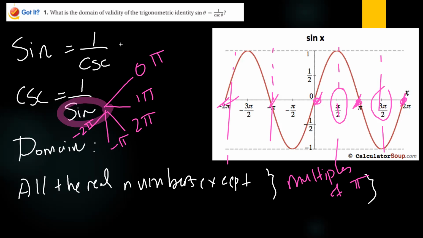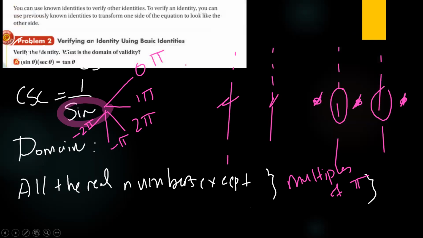But teacher, negative 3 over 2 pi, isn't it a multiple of pi? No, it's a multiple of pi over 2. Ah, okay. Now, I think we just need to memorize the graph that you showed us for the first period, because it's really important for this.